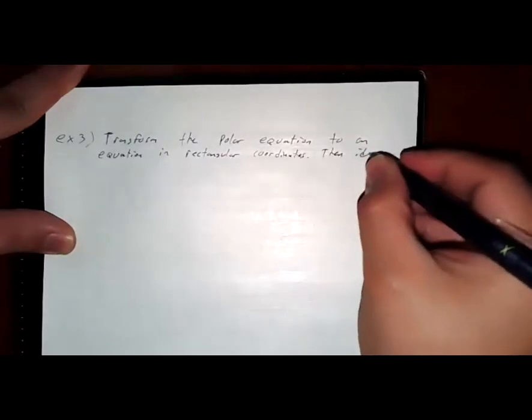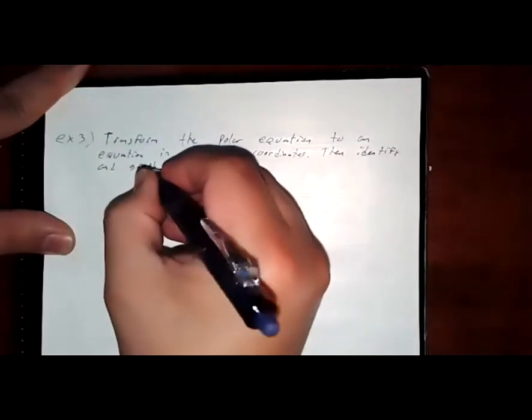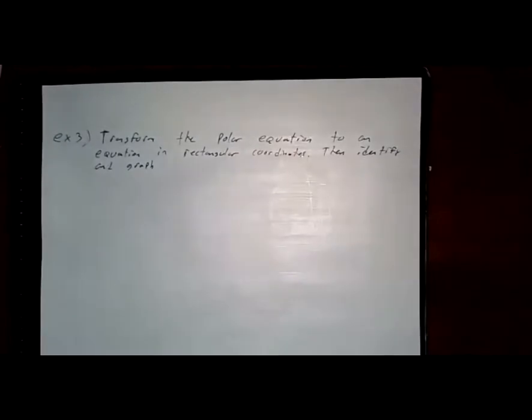Then identify and graph. Okay. So the reason we changed it into that general circle is because they asked us to graph it.